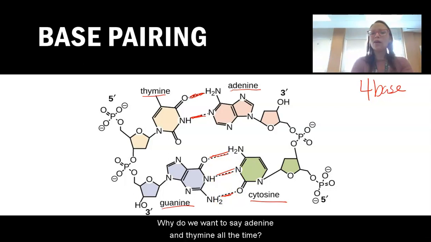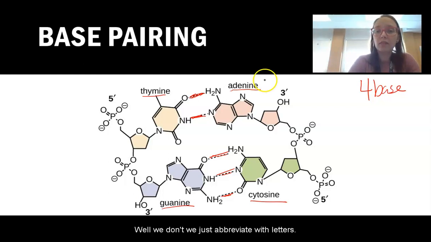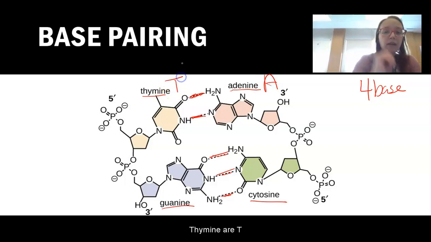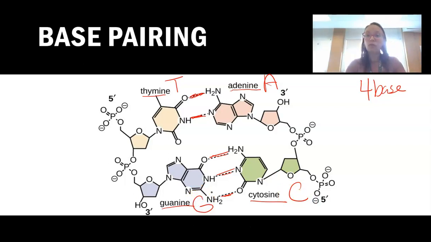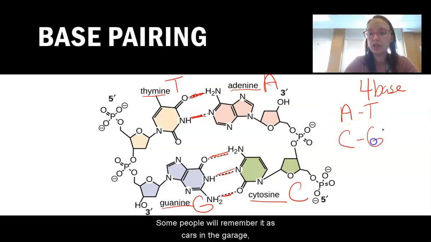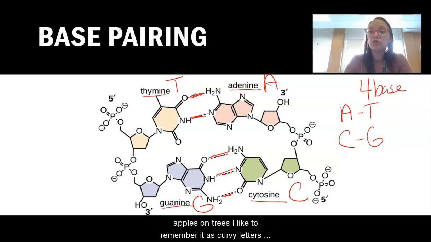So why do we want to say adenine, thymine all the time? Well, we don't. We just abbreviate with letters. So adenines are A's, thymines are T's, cytosines are C's, and guanines are G. So we always have consistent base pairing, A to T and C to G. Some people will remember it as cars in the garage, apples on trees.